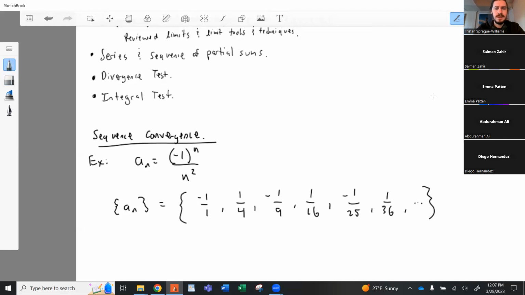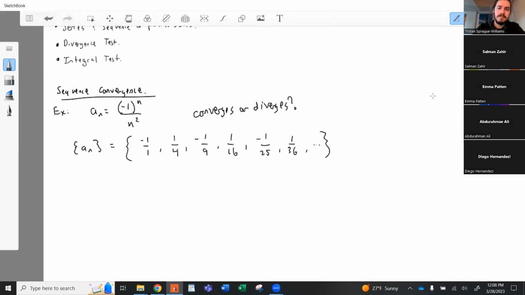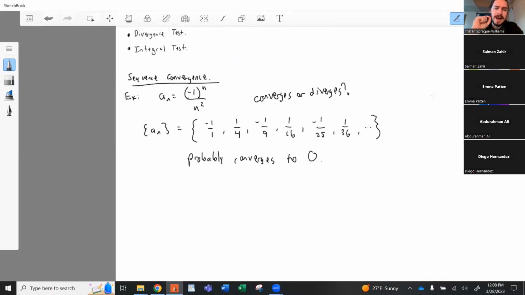Now, converges or diverges? Converges. Probably converges to, what do we think it converges to? The sequence, not the series, but the sequence, probably converges to 0. Yes. Good. Now, how do we actually show that?